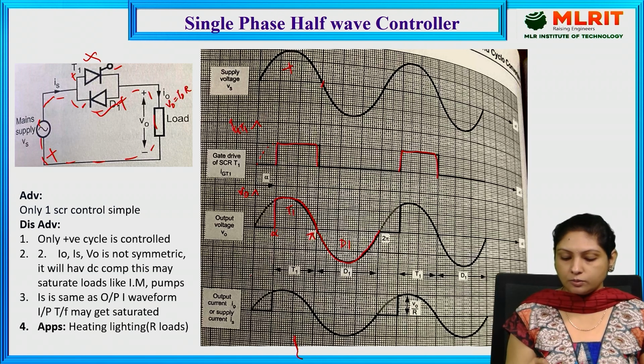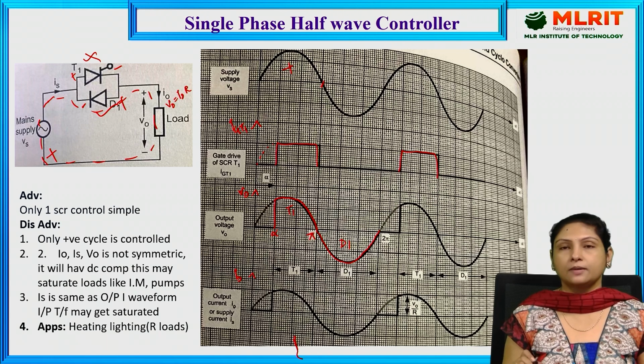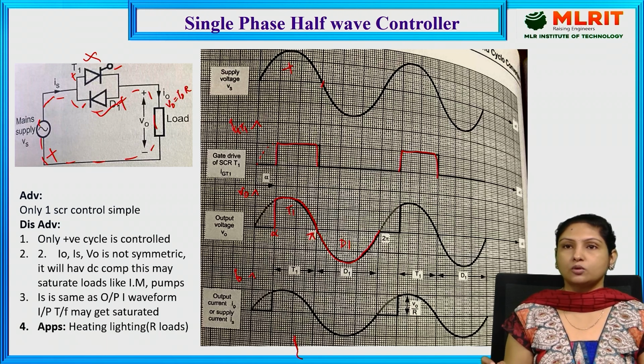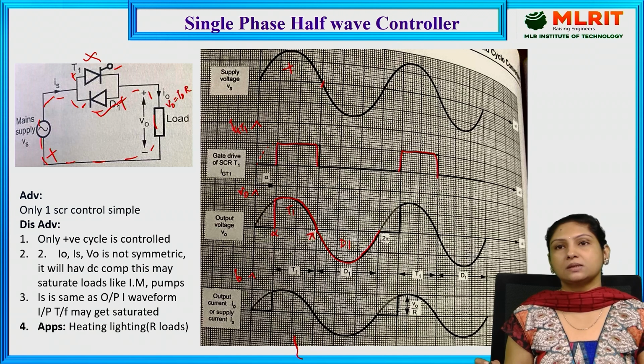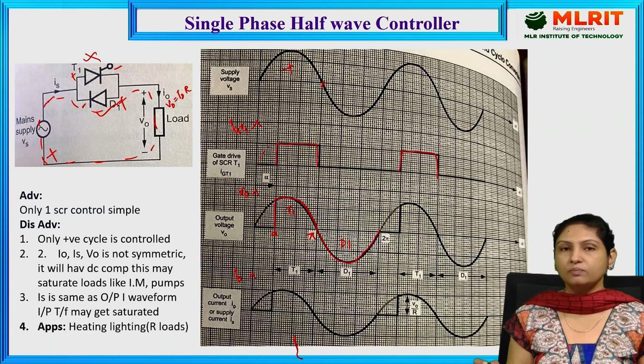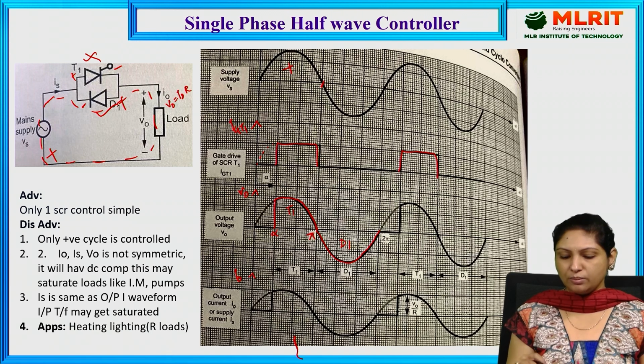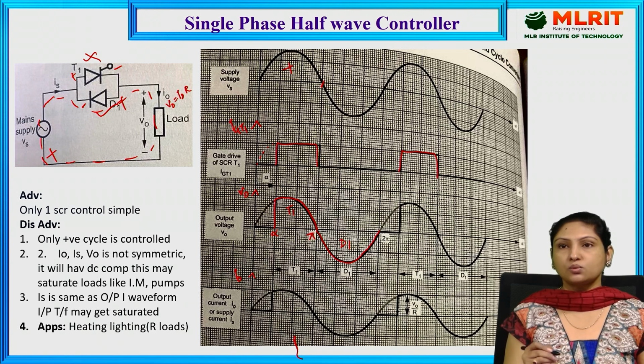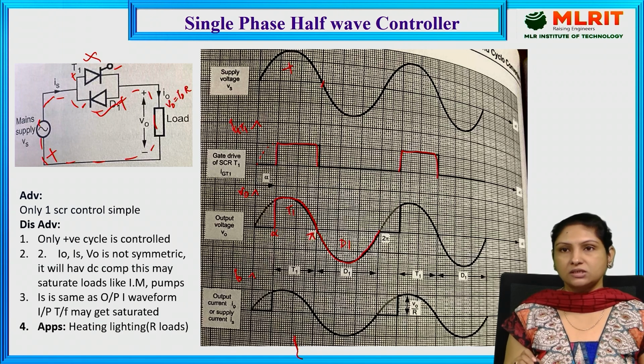Coming to the output current waveform I0, this is just similar to the output voltage waveform, since I0 is equal to V0 by R. Only the magnitude will differ, otherwise the waveform will be one and the same. So the output current waveform will just follow the output voltage waveform.